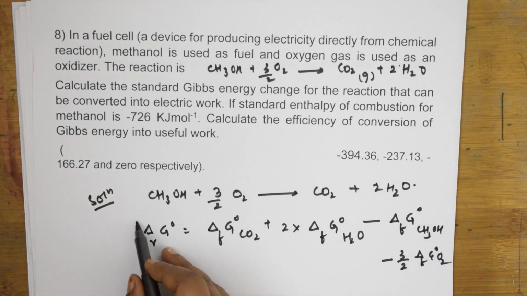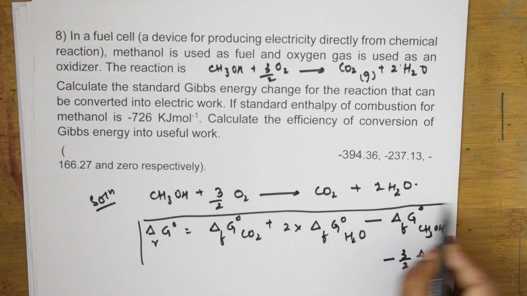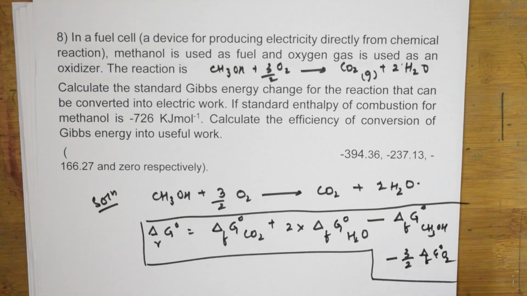This is the standard delta G naught of the reaction, meaning the standard Gibbs free energy change for this particular reaction.